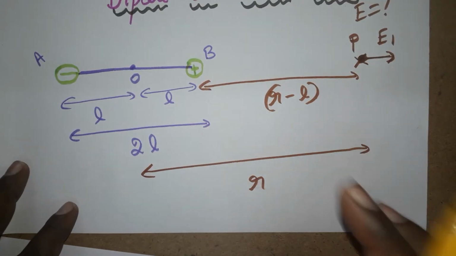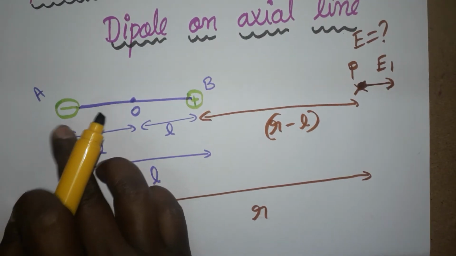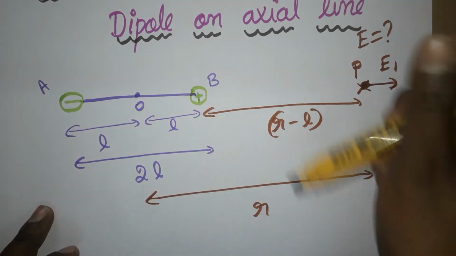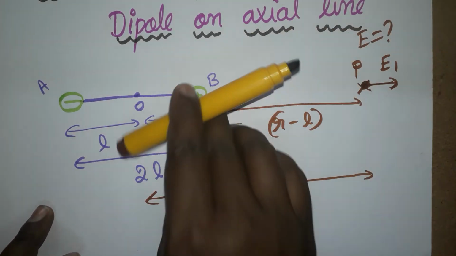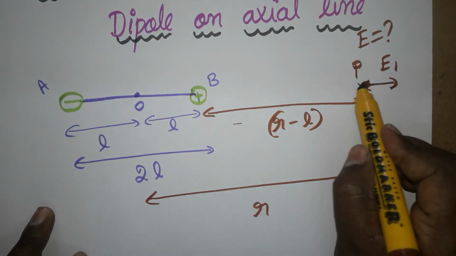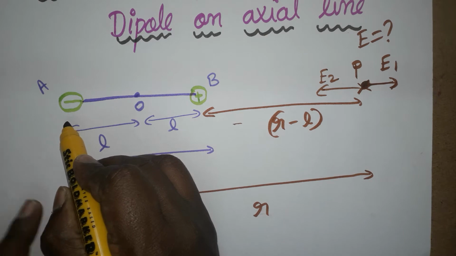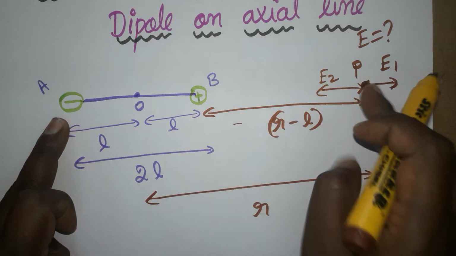The next thing, electric field E2. E2 is produced because of minus, so for minus the electric field will be pointing towards. Plus the electric field will be outwards. Now we should know the AP distance.